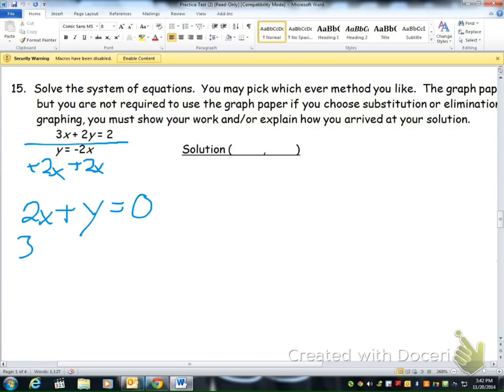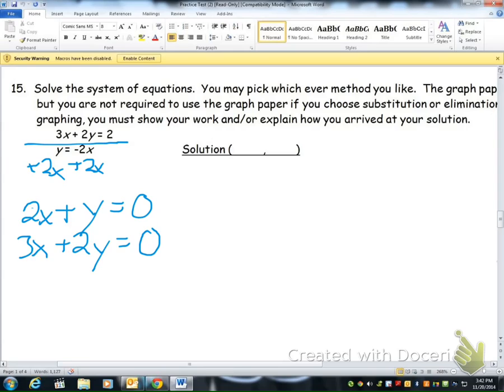So that way I could line these up, and then I would still have to multiply through by something, because 2x and 3x don't cancel out, and 1y and 2y don't cancel out. So I'd have to multiply the first equation through by like -2, so that way I'd have -2y to cancel out.